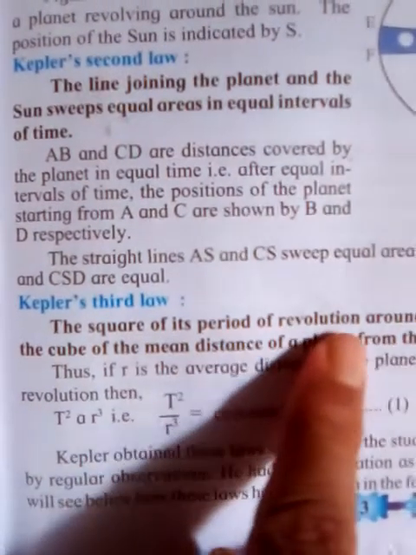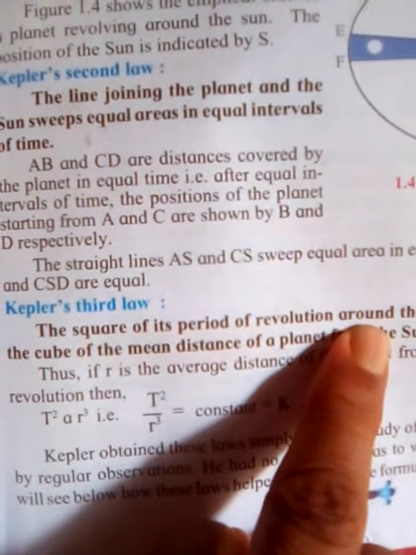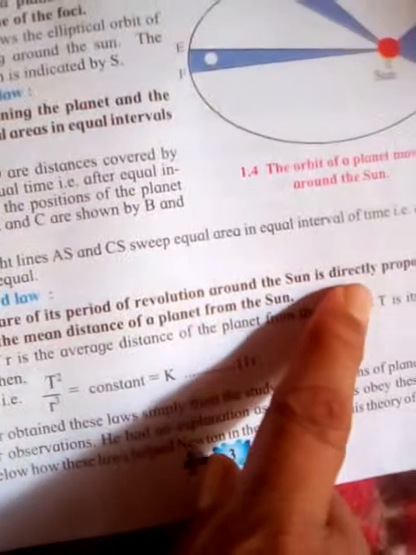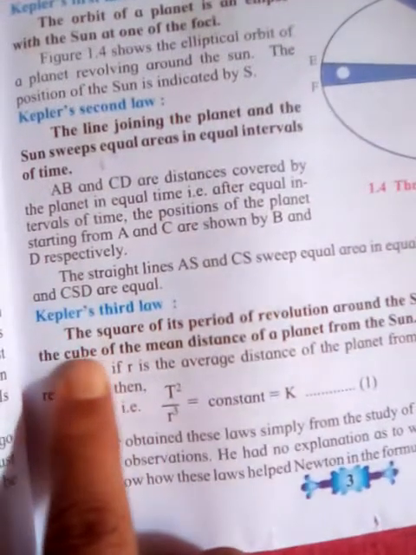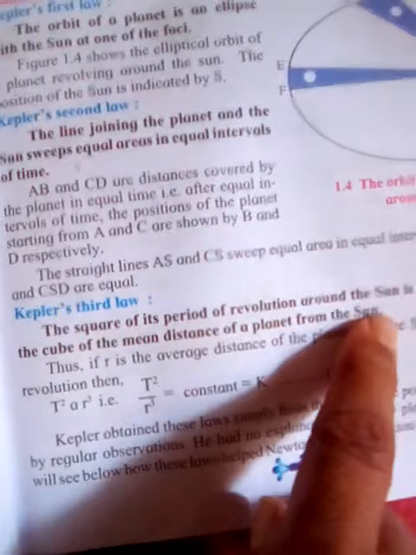So in this Kepler's third law, it is said the square of its period of revolution, period of revolution means time required for one revolution, that is capital T, around the sun is directly proportional to the cube of the mean distance of a planet from the sun.